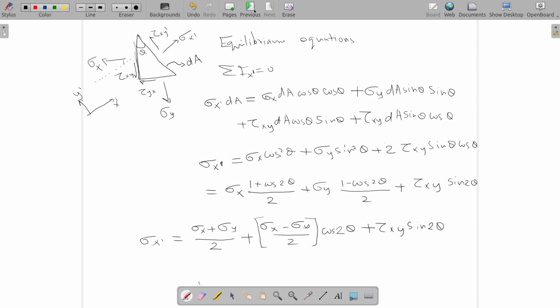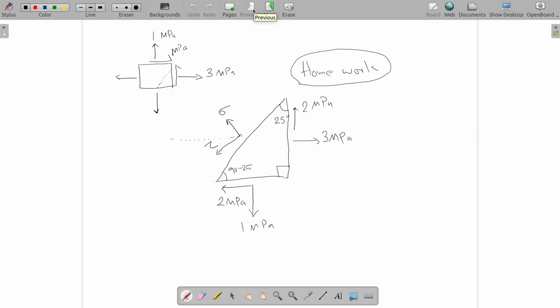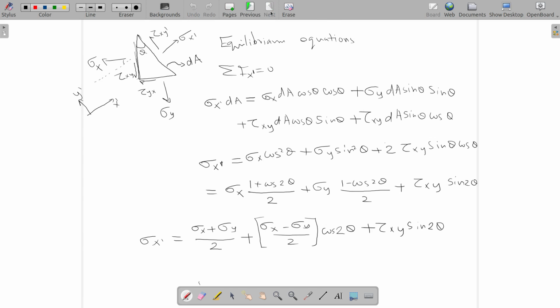So if you remember the first problem I have given you, you can actually use the equations here to find out sigma and tau. But for this problem I suggest using equilibrium equations. So I want you to have some practice there.